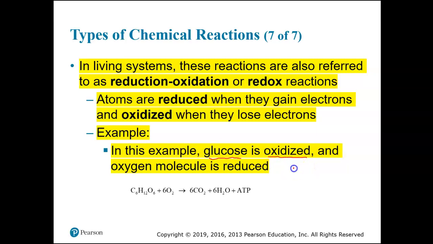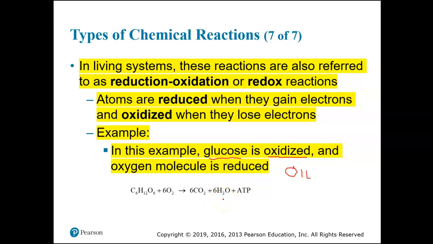We can represent that with this: OIL. Oxidation is loss. Oxidation is loss of hydrogen atoms and electrons, okay? And then the other part of that is one of the reactants is going to be reduced, and it's going to gain electrons. Reduction is gain in redox reactions. So this oxygen is going to gain hydrogen and become water, and the electrons are found in those hydrogen atoms.